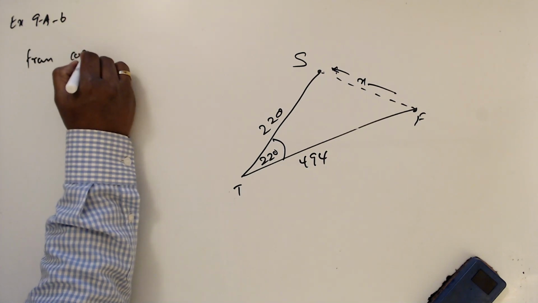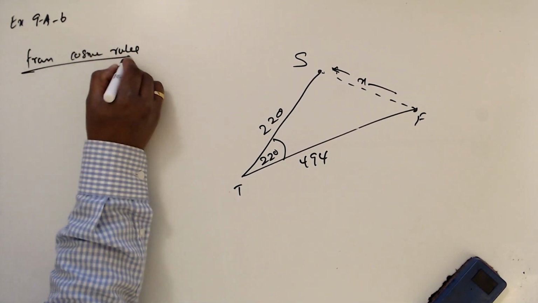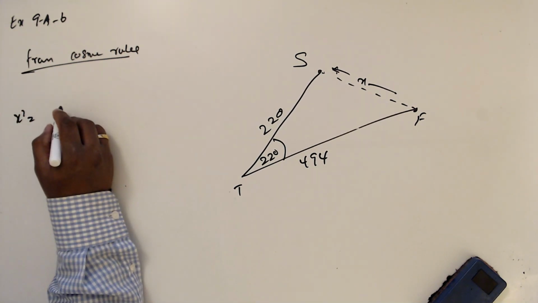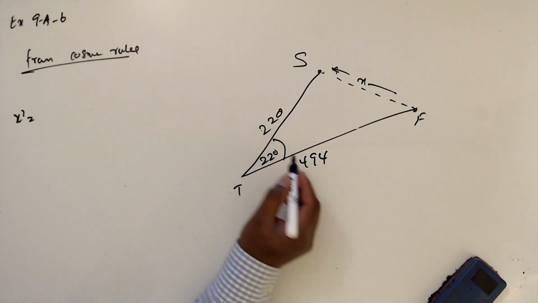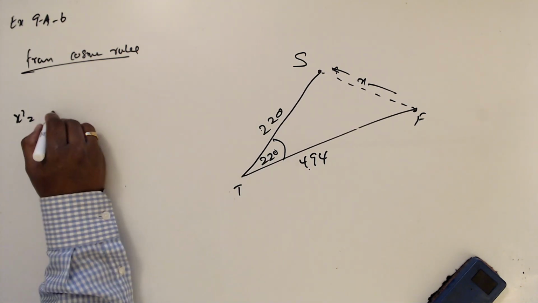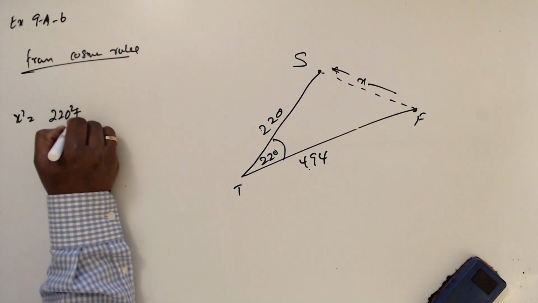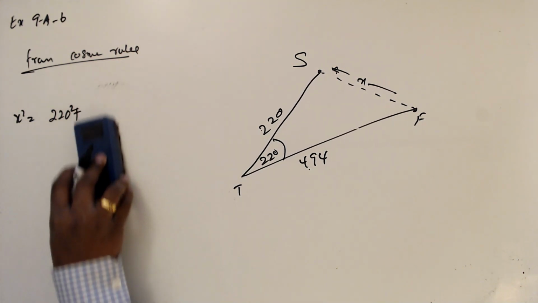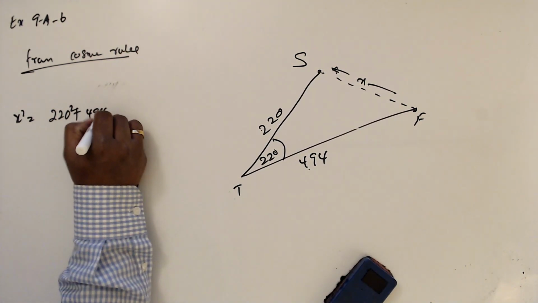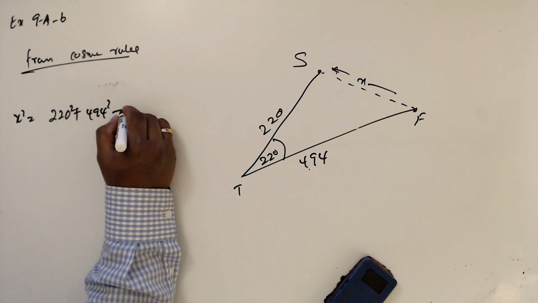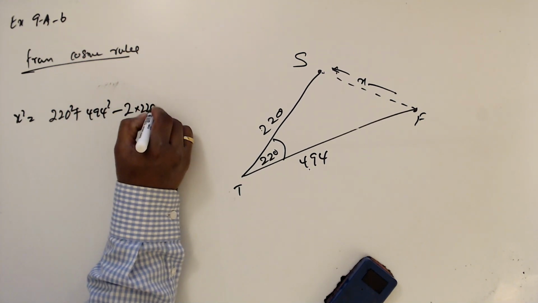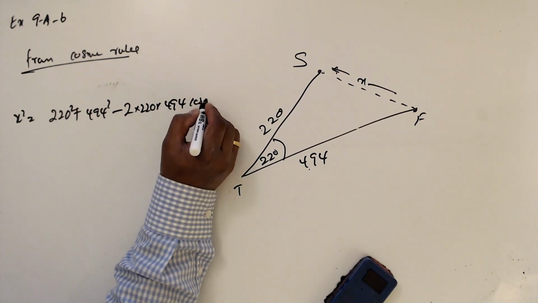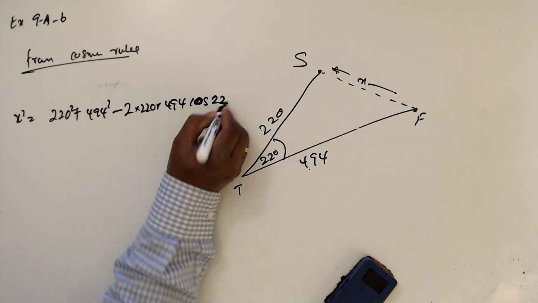From the cosine rule, X square equals this one square plus this one square: 220 square plus 494 square, then minus 2 times 220 times 494 times cos 22.